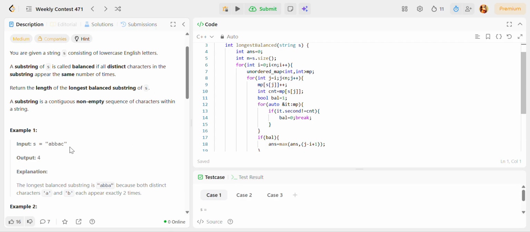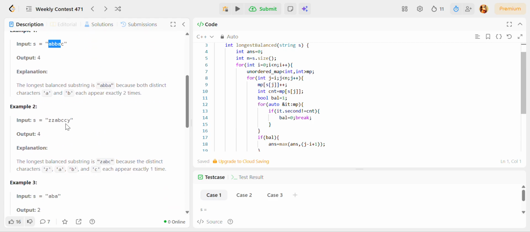That means taking this string, we can say that from the 0th index to the 3rd index it is a balanced substring, because the number of times each distinct character occurs is the same. Here a is occurring 2 times and b is occurring 2 times, so it is a balanced substring. This is only what we have to count.